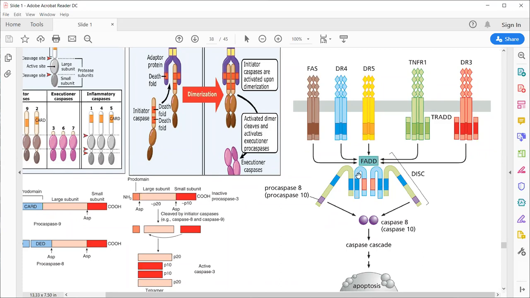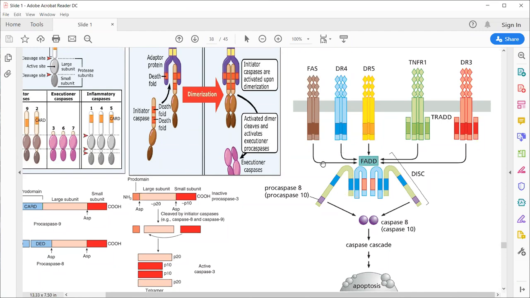Once the adapter molecules have been activated, they recruit the inactive procaspase 8. The procaspase 8 is recruited here and interacts with the adapter protein via their DED. This total complex is now known as the death-inducing signaling complex.